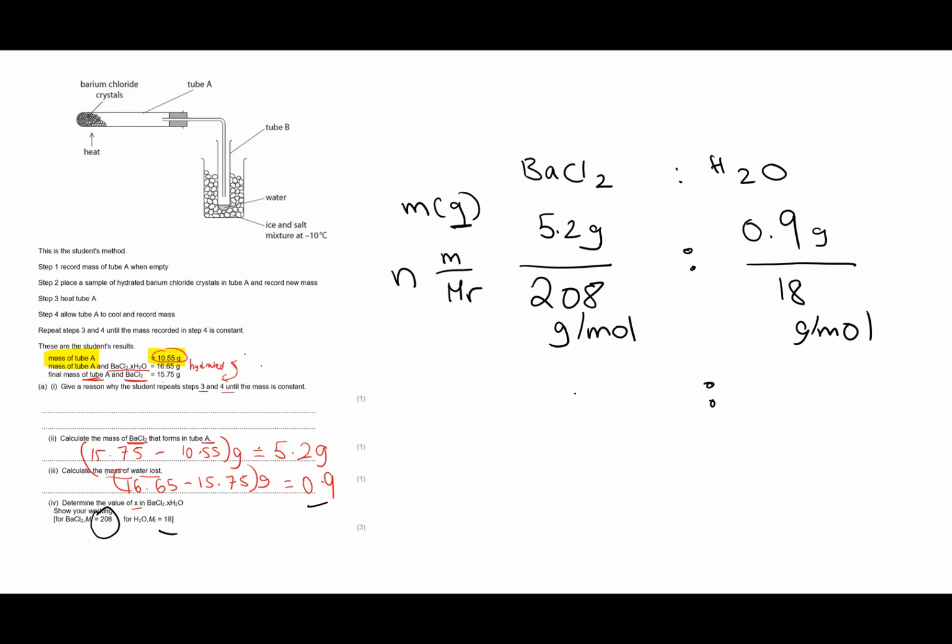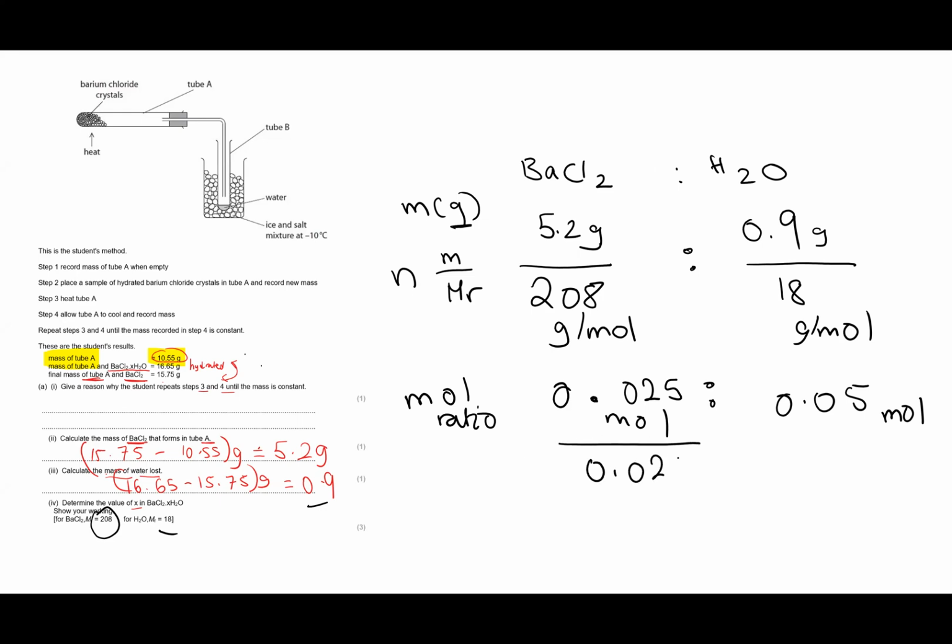So that is now 0.025 moles, and for this one, it's 0.9 divided by 18, which is 0.05 moles. Now I have a mole ratio. However, I need a simplified mole ratio, so I'll need to divide by the smallest value.